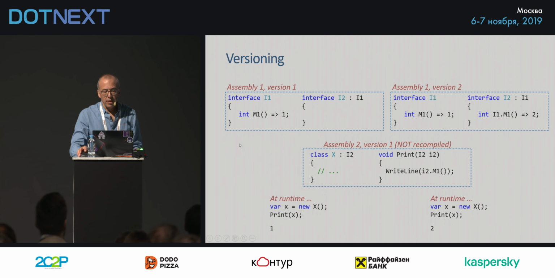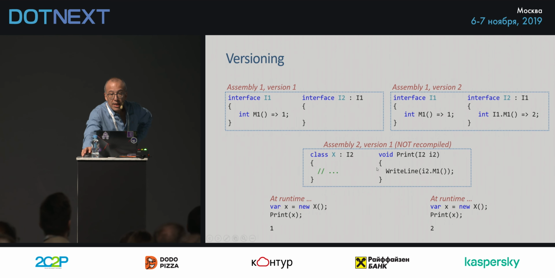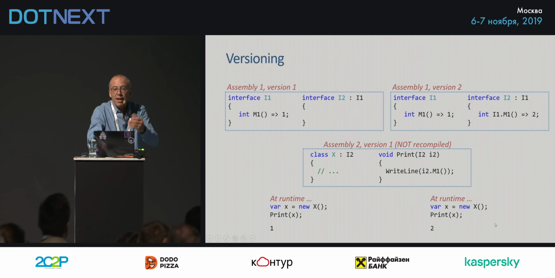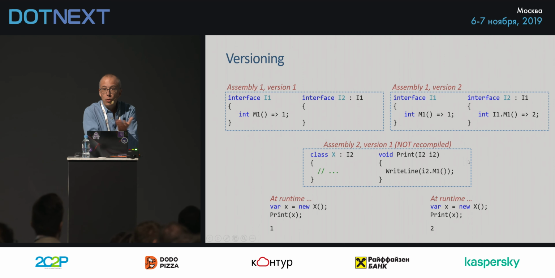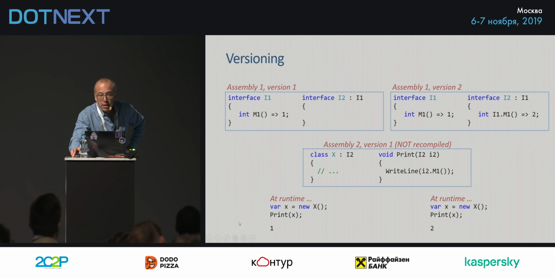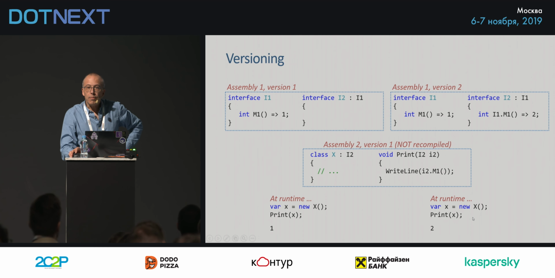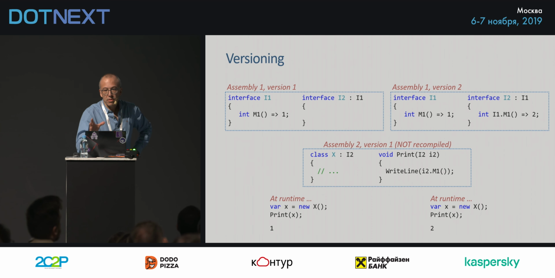For the versioning, the good news is that even if assembly 1 is going to change from this implementation to this one, even if assembly 2 is not recompiled, I will swap the DLL for assembly 1 under the hood, and I will see the change coming out. This is an interesting behavior.